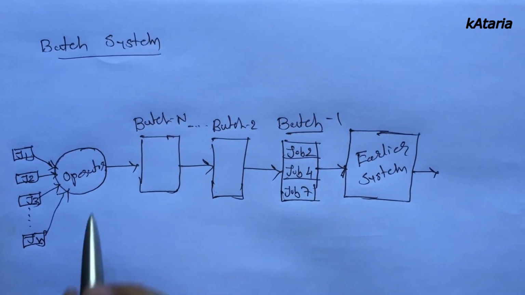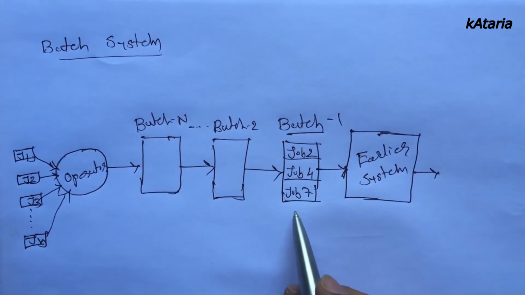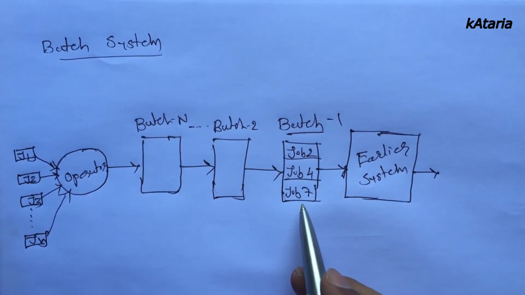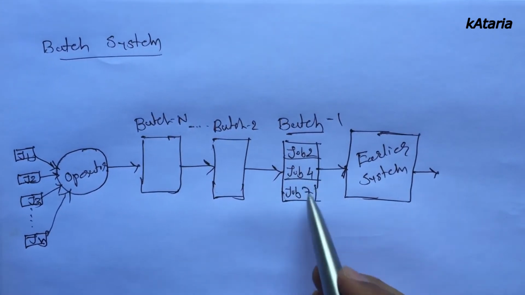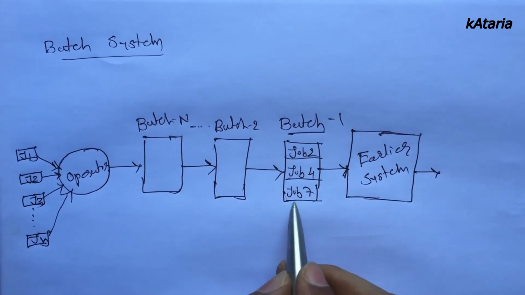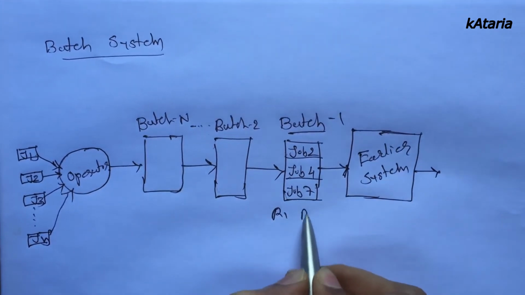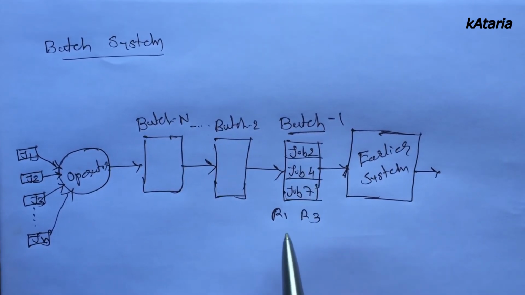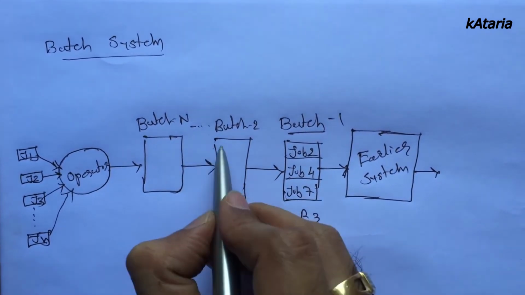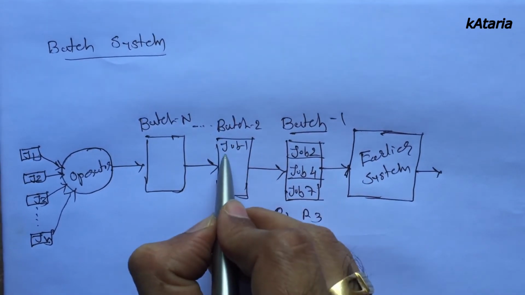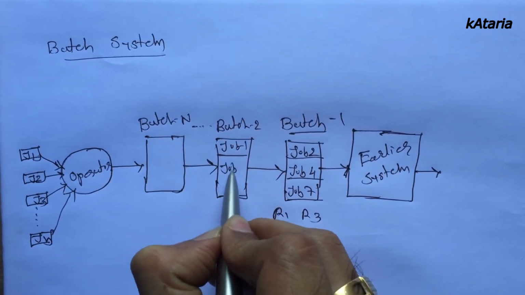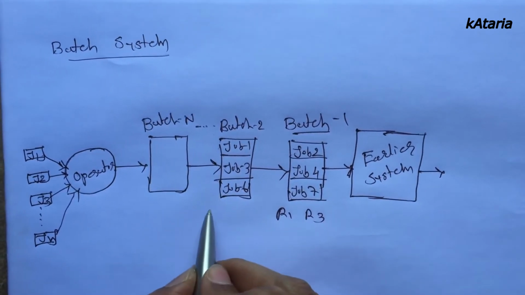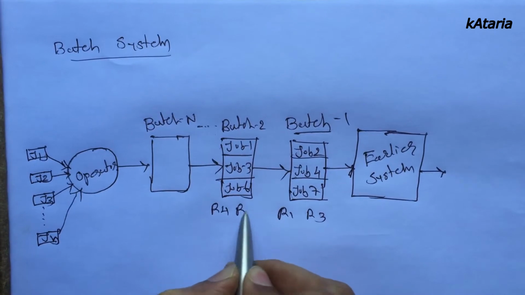The operator will decide each batch according to the resource requirements of the different jobs. Suppose here jobs 2, 4 and 7 require the same resources, like R1 and R3. So the operator will put these jobs into a single batch. Suppose some other jobs, like job 1, job 3 and job 6, require resources R4 and R5.